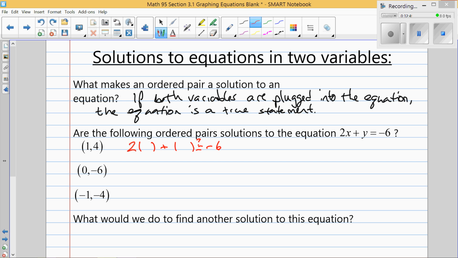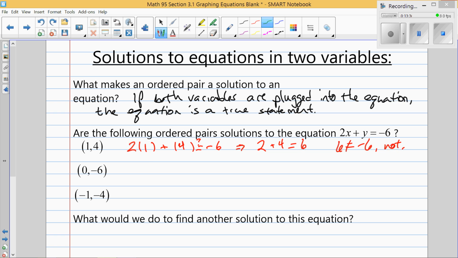I like to put the question mark above the equal sign. It just helps me remember that I'm checking for equality. And then in the first set of parentheses, I'm going to put the 1 for the x, and in the second set of parentheses, I'm going to put the 4 for the y. Now, this turns into 2 times 1 is 2, plus 4. That equals 6, not -6. So since 6 does not equal -6, this is not a solution.